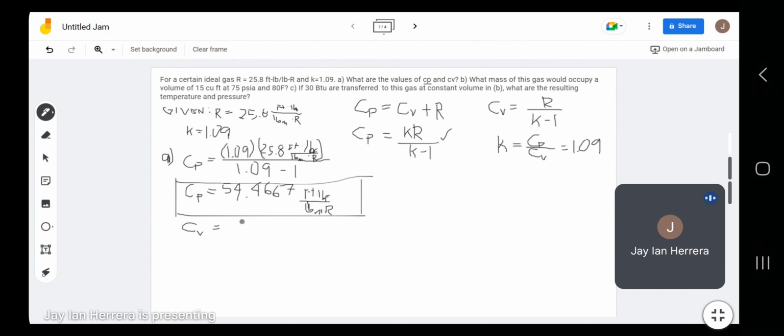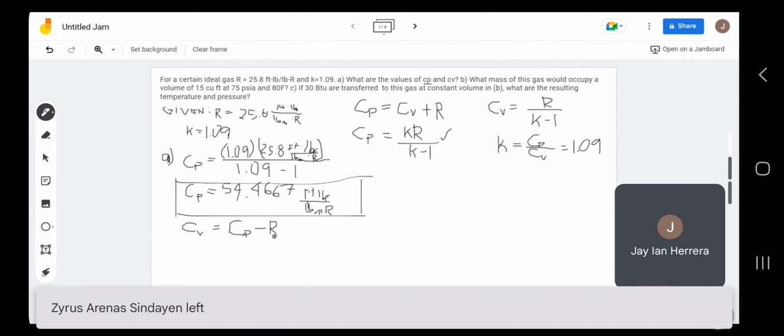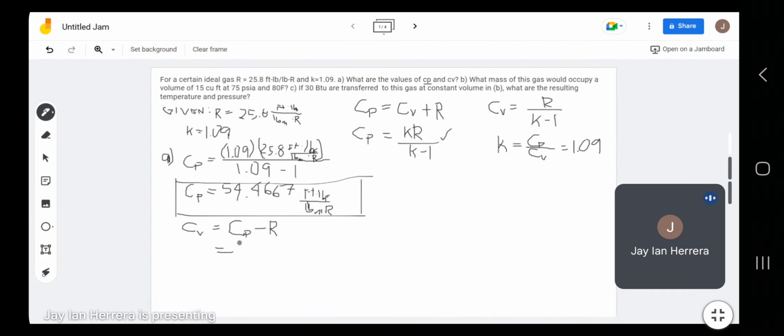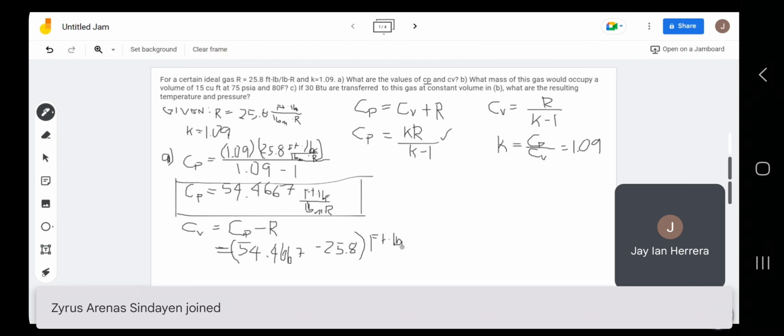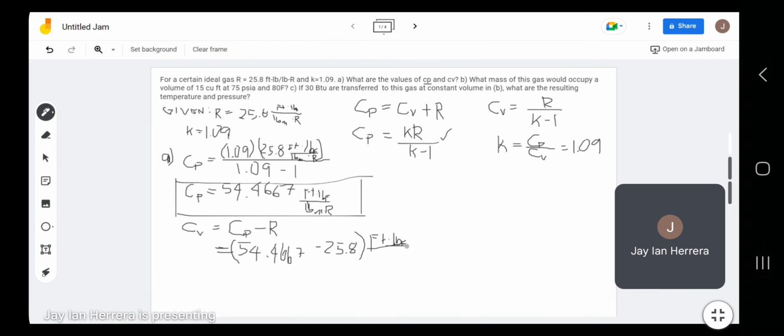So that's equivalent to 54.4667 minus 25.8. So their units, of course, is the same, foot-pound force per pound mass.